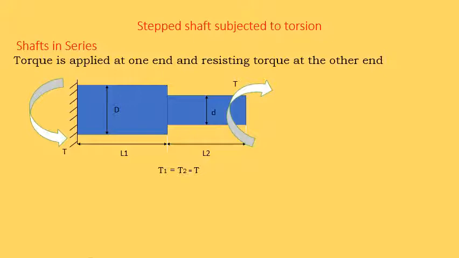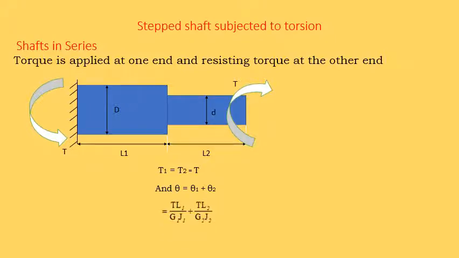T1 represents the torque applied at the free end. T2 is the torque applied or generated in the second portion. T is the resisting torque generated. Then the total angle of twist is equal to the sum of the angle of twist of each portion.